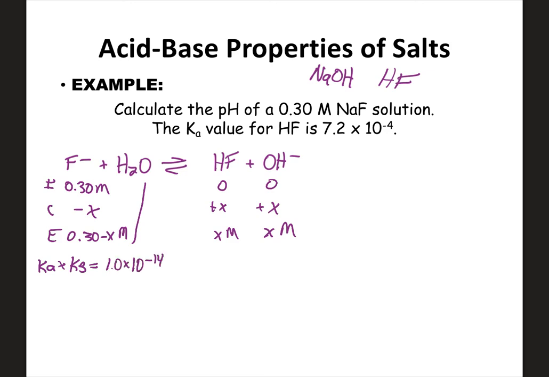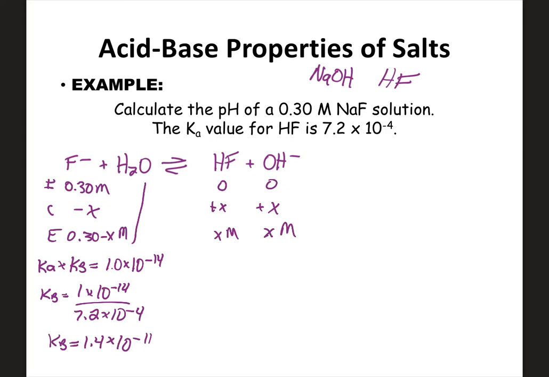When I solve this, essentially what I'm going to have is Kb equal to 1 times 10 to the minus 14 divided by the Ka, which they told me was 7.2 times 10 to the minus 4th. So my Kb for this problem is going to be 1.4 times 10 to the minus 11th here. All right, because I formed OH minus, a base, I need a Kb. Be very careful with that with these salt problems.